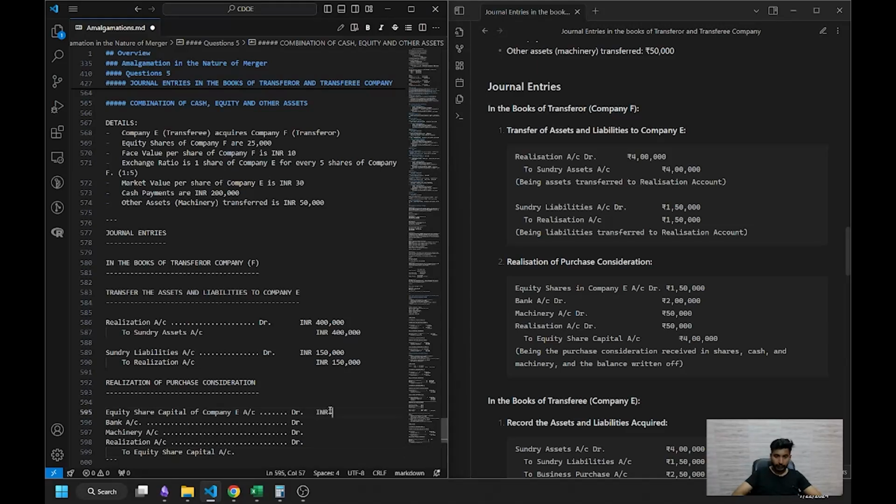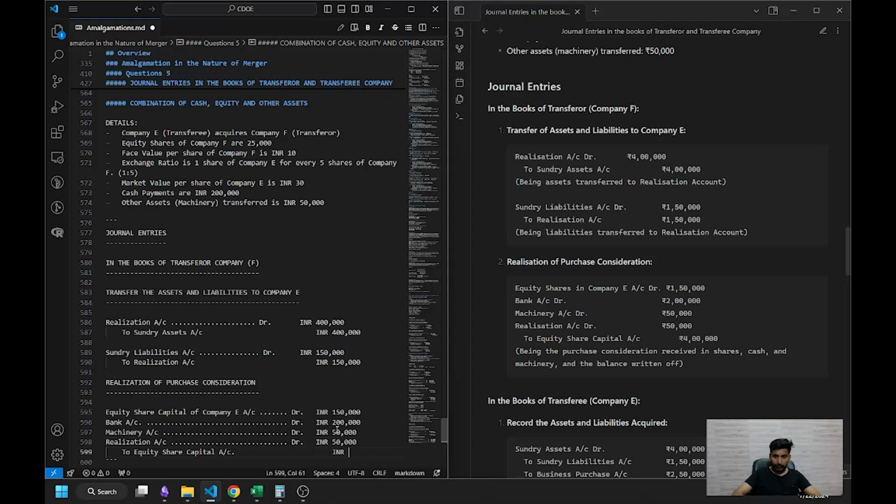And the amount will be equity share capital of rupees 1,50,000. Bank account is the cash value of rupees 2 lakhs. Machinery account is 50,000. And again, the realization account is rupees 50,000.